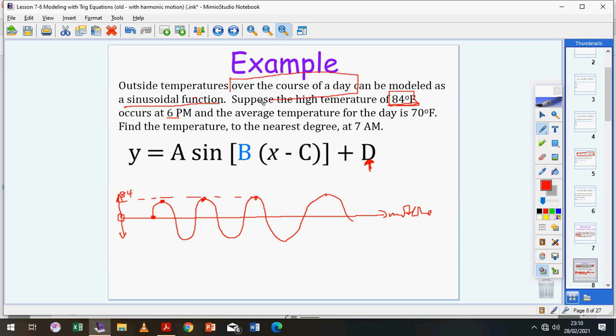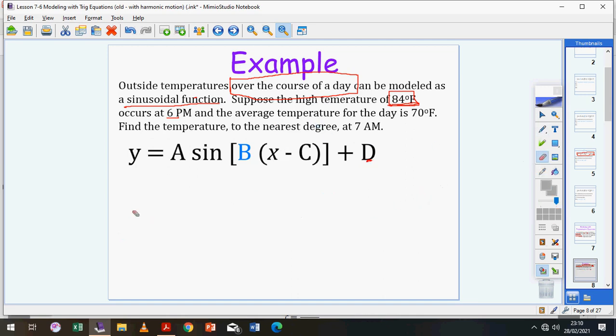A day is 24 hours. So over the course of the day, it's a sinusoidal function. Since the day is 24 hours and the outside temperatures repeat over the course of the day, that means the period for this function is 1 day. And also remember, when we're figuring out the period for these functions, this equation: period is equal to 2 pi over b.